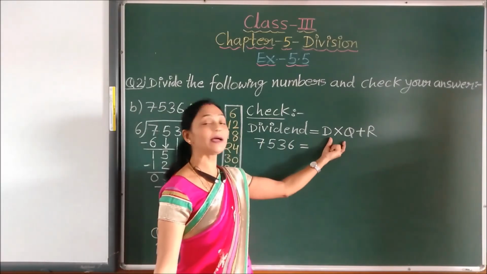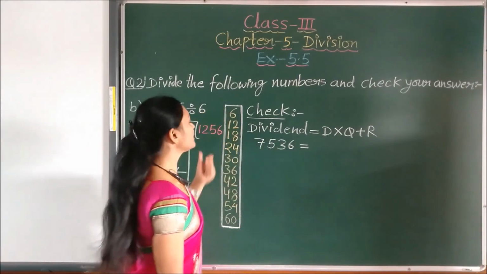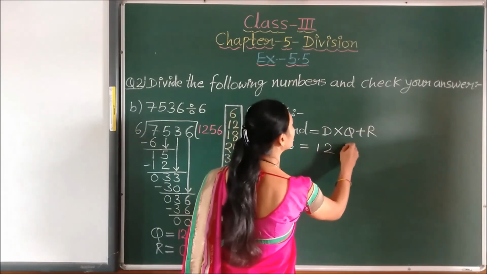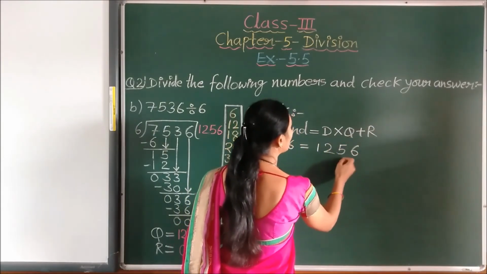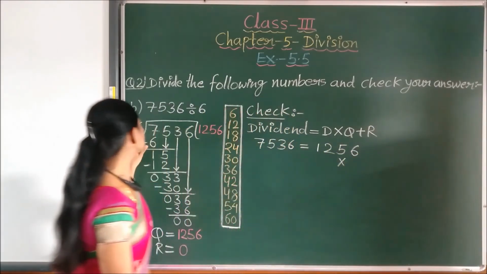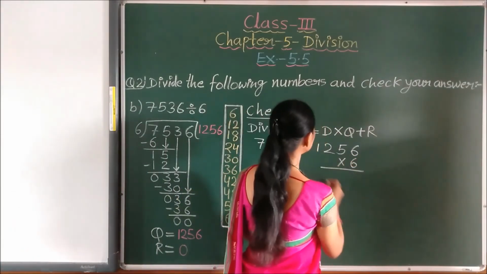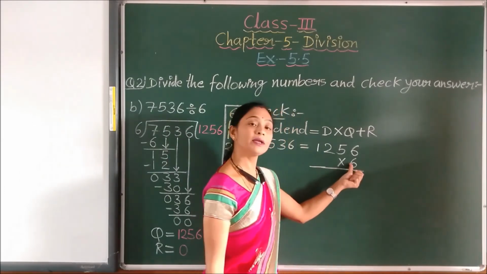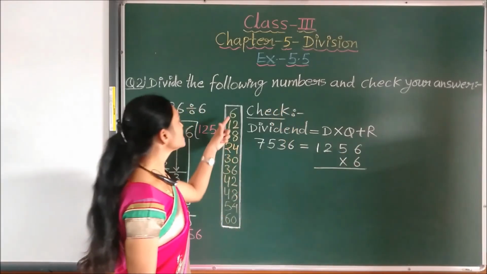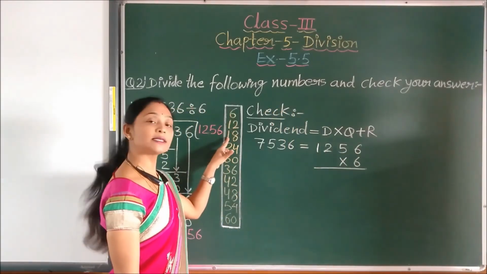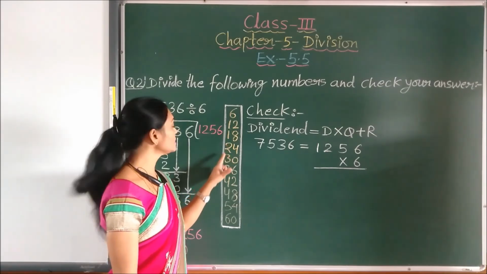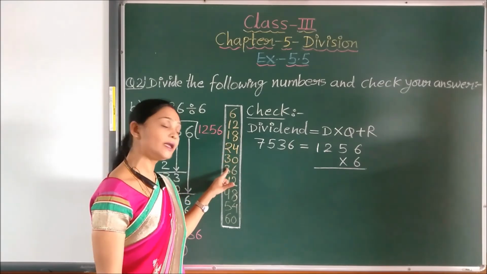So these both we have to multiply. So first we will write this 1256 and with this we have to multiply this divisor 6. Yes, so we will write here 6. Now 6 table we will read 6 times. So 6 1s are 6, 6 2s are 12, 6 3s are 18, 6 4s are 24, 6 5s are 30 and 6 6s are 36.